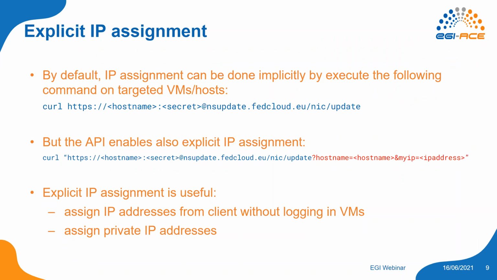If you want to manage your cluster via the dynamic DNS service, you can assign a private IP address to the worker node, so the master can communicate with the worker node via the hostname instead of the IP address, which is not stable. So it's very useful for managing a virtual cluster via the dynamic DNS service.